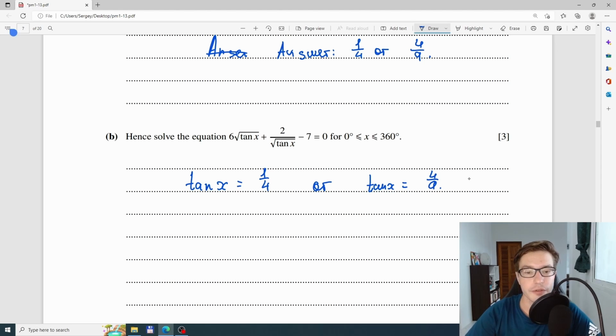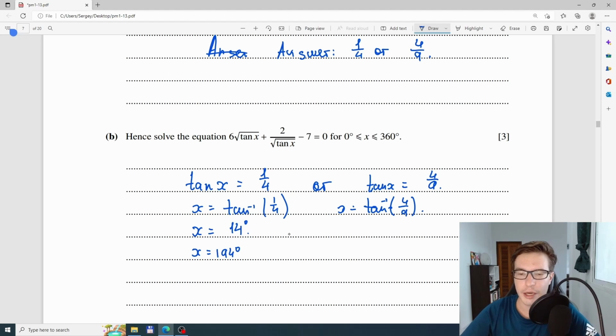Now what I have to do is to take the inverse tangent of both. For the first one, I'll get x equals 14 degrees, or x equals 194 degrees.